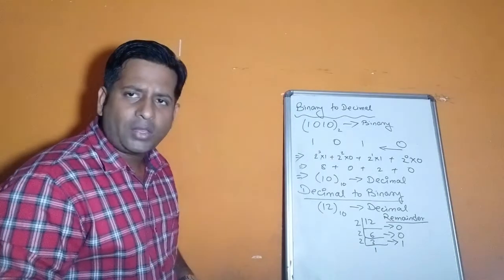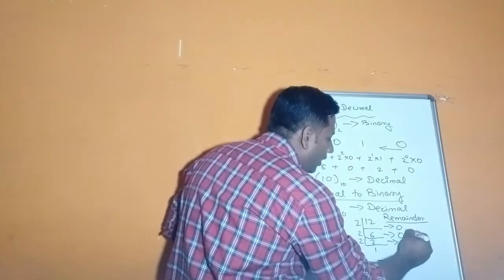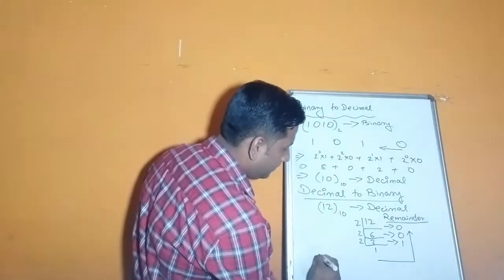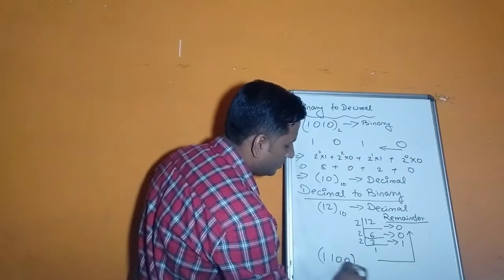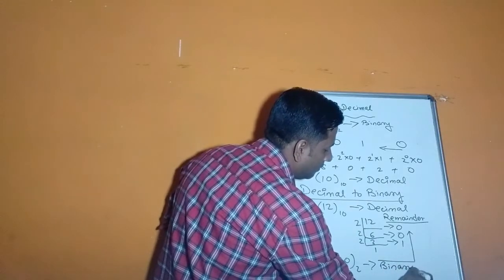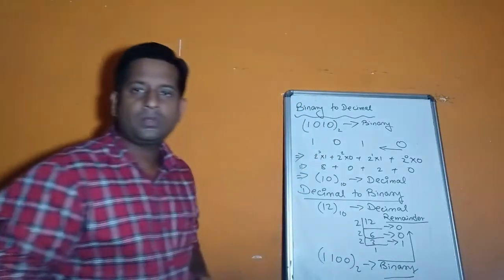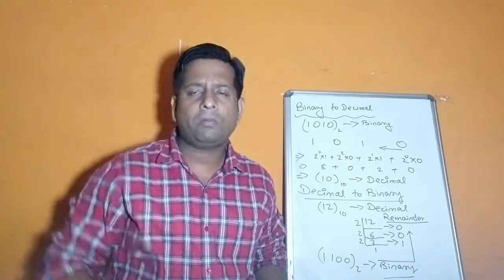So when you get 1 at the end, you need to stop there. The direction is from down to up. So 1 1 0 0. This is the binary form. So children, this is the way we convert decimal to binary.